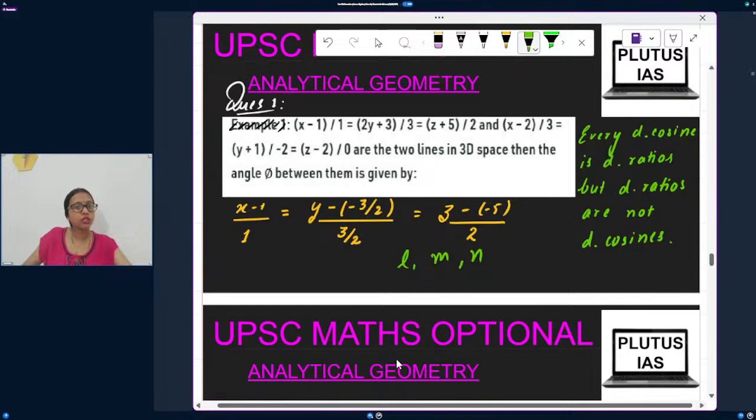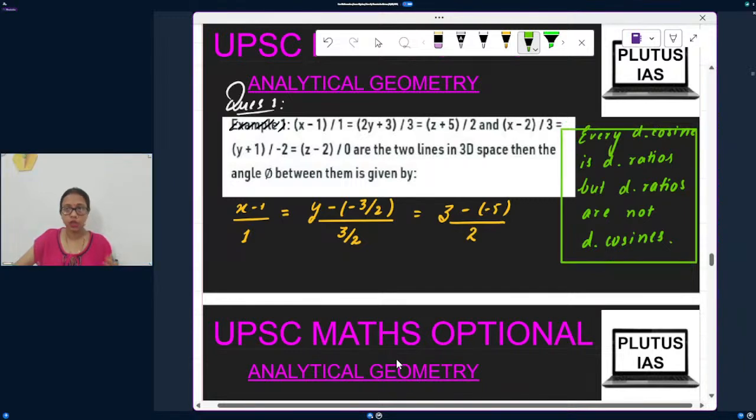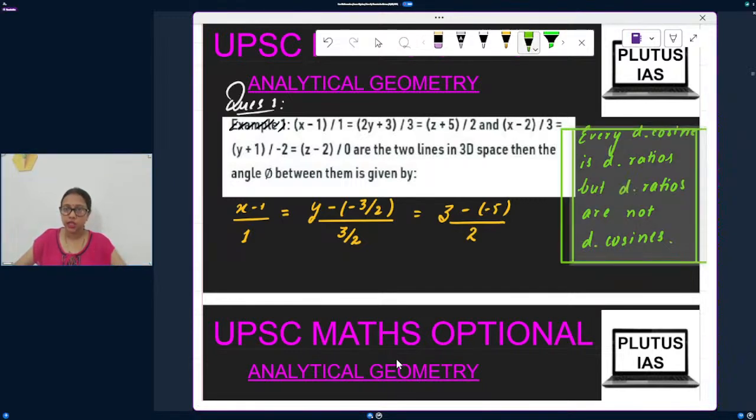Because a direction ratio is something that I obtain by multiplying them by a non-zero constant. 1 is also a non-zero constant. So if I multiply 1 with each of them, that becomes a direction ratio, and actually that is l, m, n. So every direction ratio result can be converted into a direction cosine result, but not the converse. If I'm writing a result with respect to direction cosine, that is not true for direction ratio. All right.